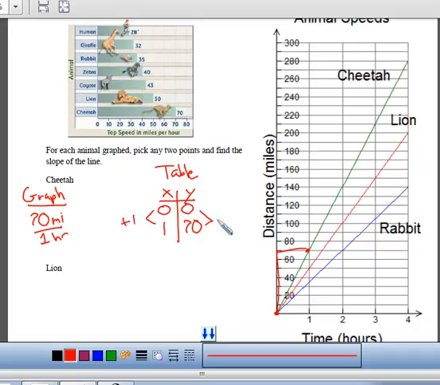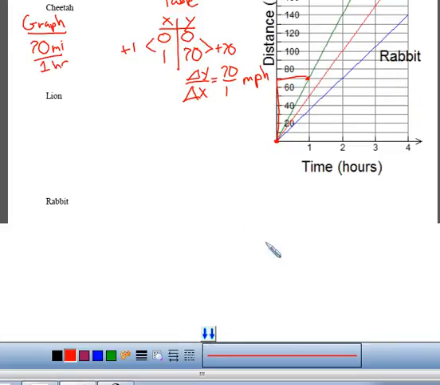It's going up by 1. The Y is going up by 70. So change in Y over change in X is 70 over 1, or 70 miles per hour.